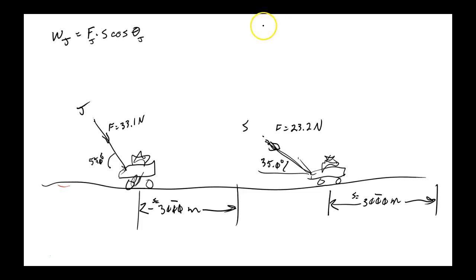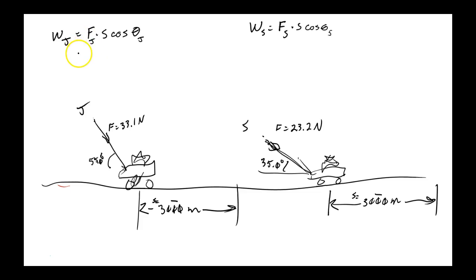Okay? And the work for Sonia is equal to the force that Sonia pushes, which is different, times S, which is the same displacement, so we won't subscript that, times the cosine of her angle, theta sub S. So let's plug in what we know.